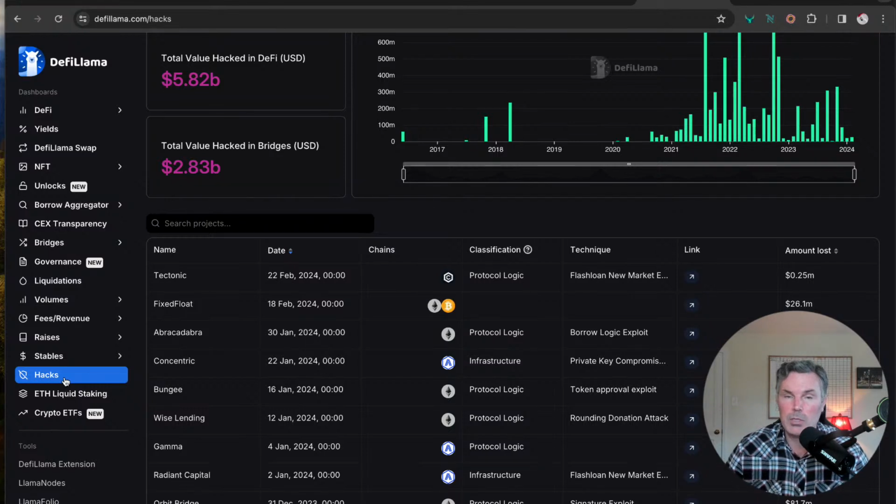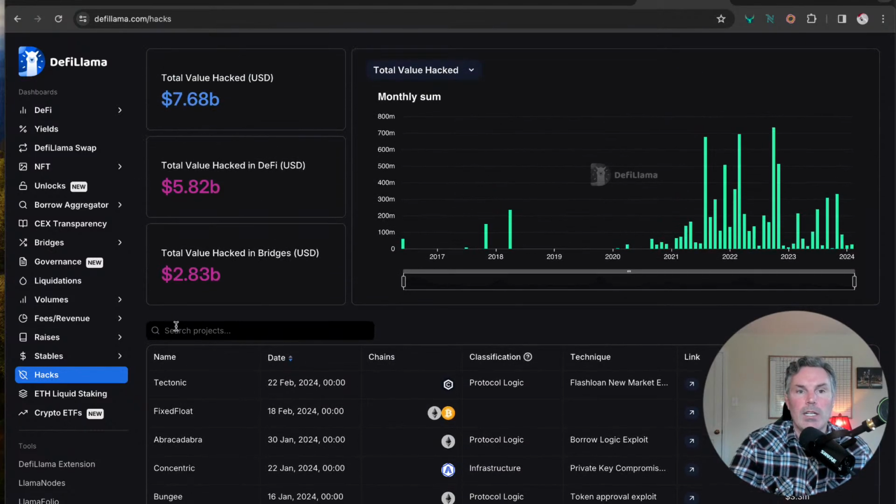DeFi Llama tracks the entirety of the crypto blockchain space. When you look at hacks, my gosh, total value hacked in USD year to date is $7.68 billion. It's just absolutely crazy.